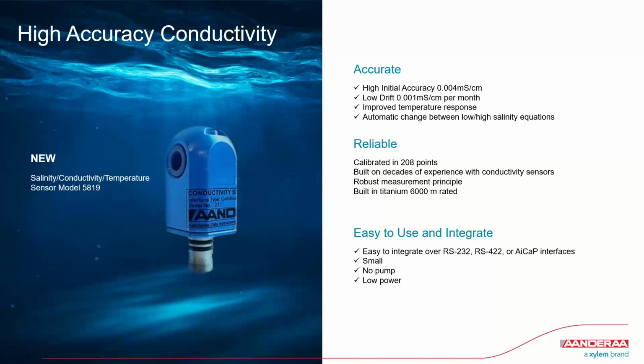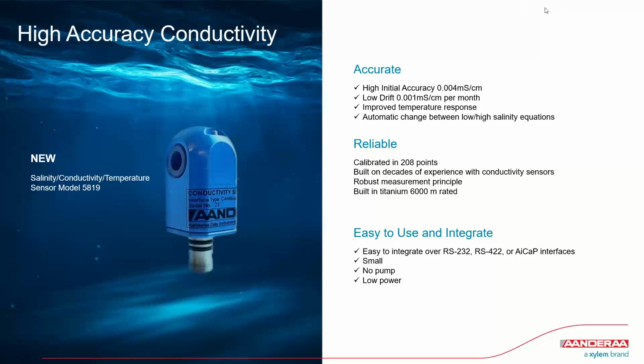This one has a factor of almost 5 better absolute accuracy. And we know from the previous version, the 4319, that this type of sensor has exceptionally low drift, also compared to other sensors, about 1 microsiemens per month. And we also include improved temperature response and an automatic change between low and high salinity.